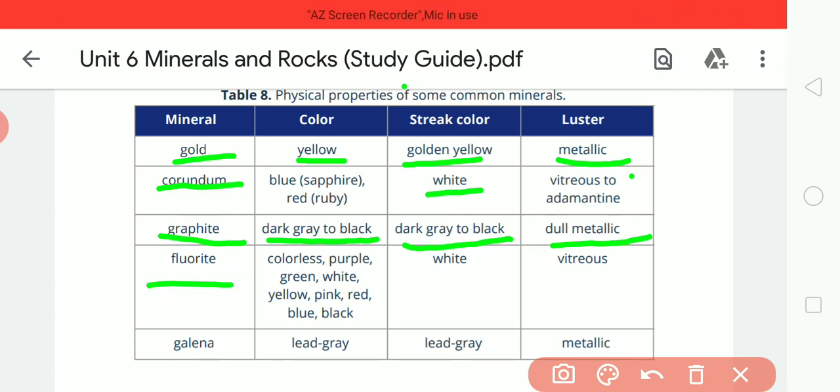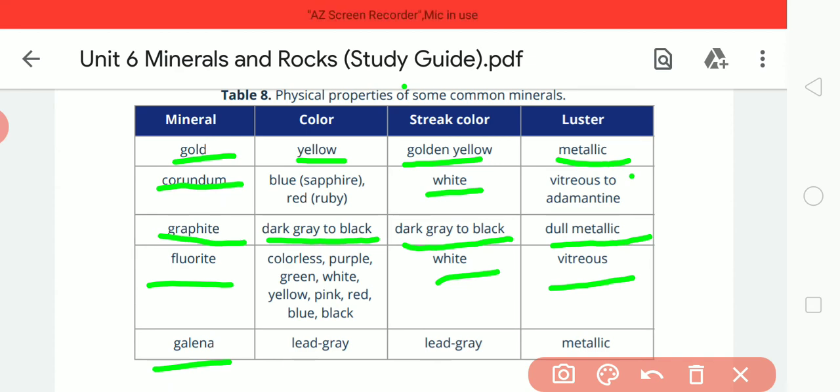Fluorite, colorless. So color can be colorless, purple, green, white, yellow, pink, red, blue, and black. For the streak color, it has only one color, which is white. Luster, vitreous. Now the last mineral is galena.